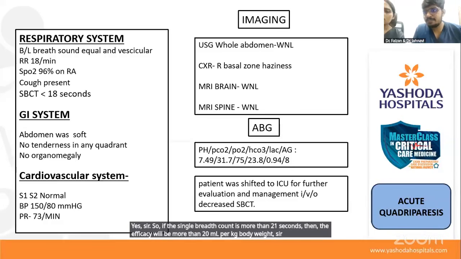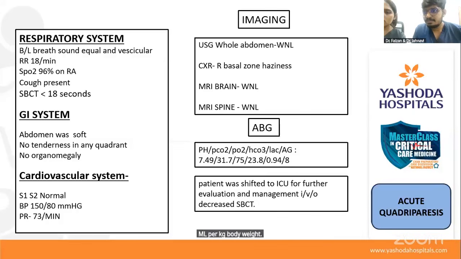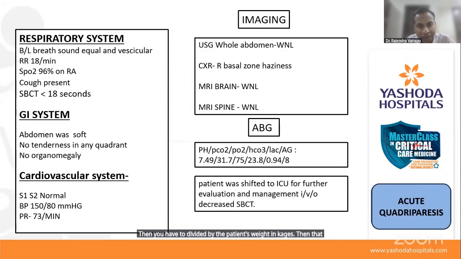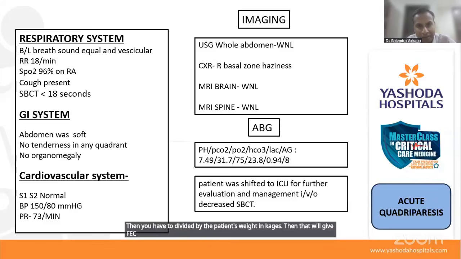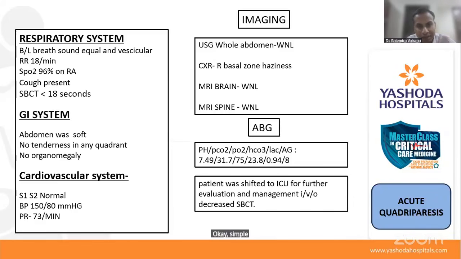If it is less than 21, then it will be 15 to 20 ml per kg body weight. It's usually SBCT into 100 that gives the FVC. Then you divide it by the patient's weight in kgs, and that will give FVC in ml per kg. Okay, simple correlation.